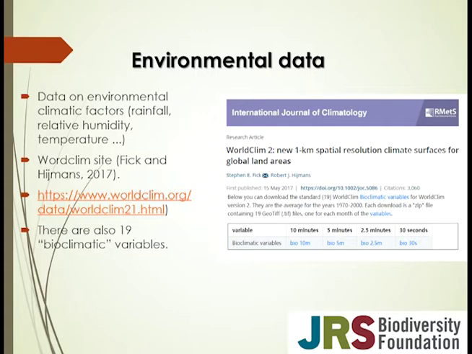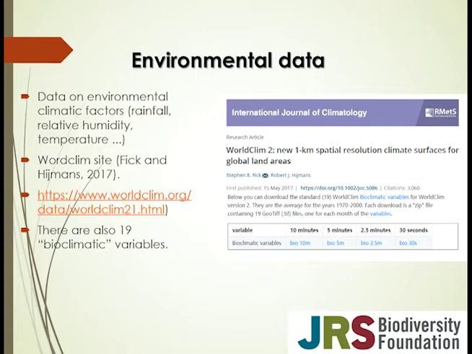On the site, you also have 19 bioclimatic variables, at the same resolutions I already talked about. You have to take care to match the resolution of the environmental variables to the mean distance between occurrence points in your data when you decide to analyze them.